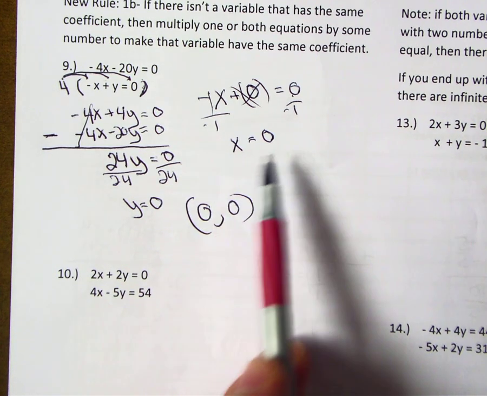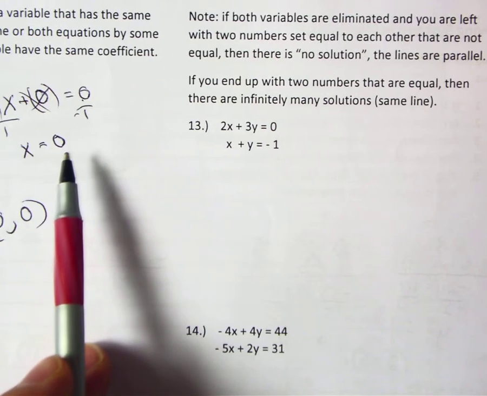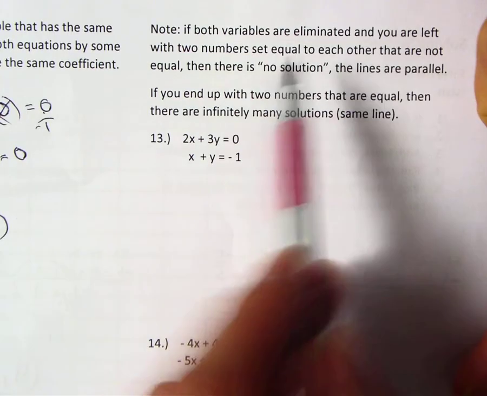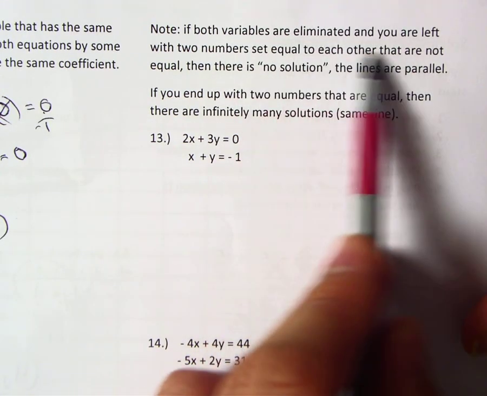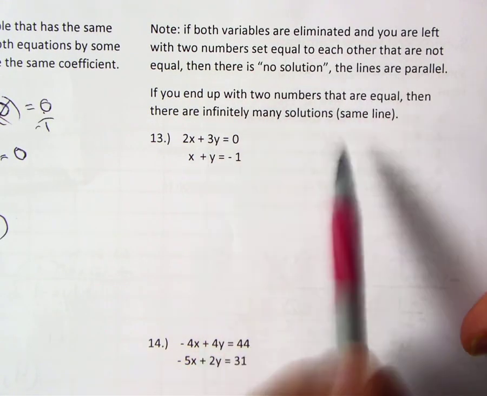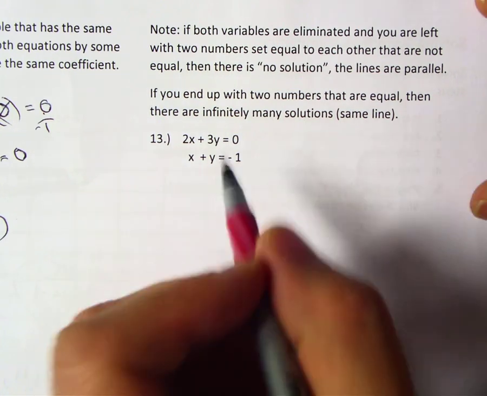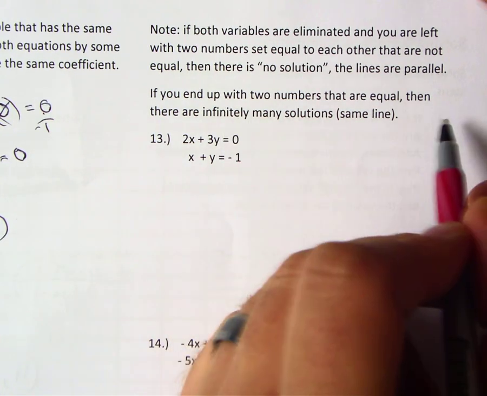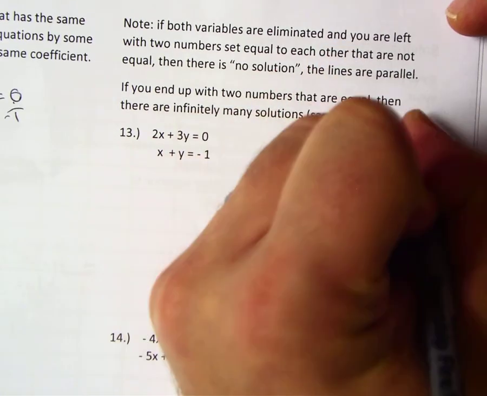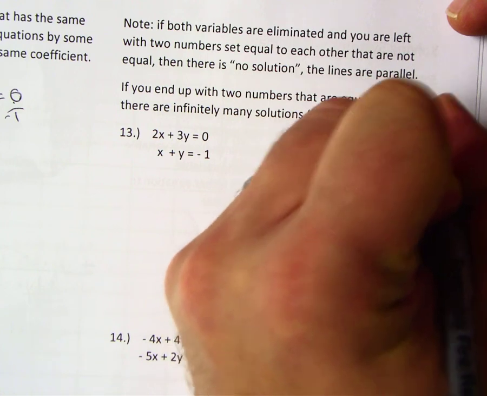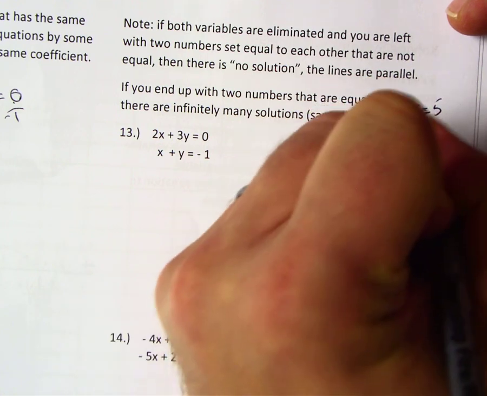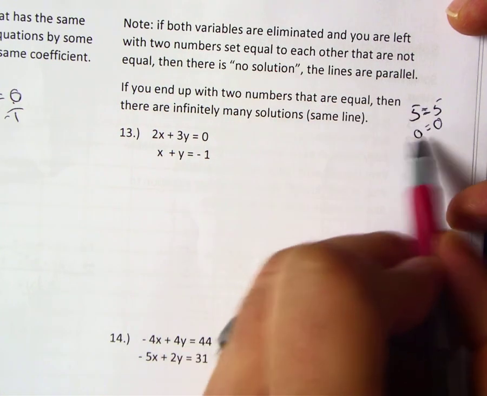All right. So if I go over to number 13, there's also a note at the top of number 13 that talks about if both of the variables are eliminated, and you just get the numbers. If they're the same number equal to each other, for example, if it is 5 equals 5, or 0 equals 0, then that would be infinitely many solutions.